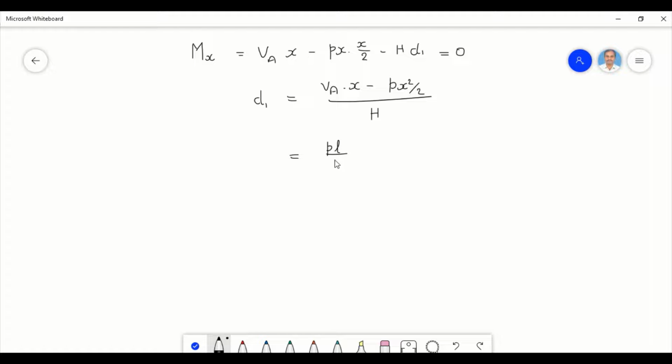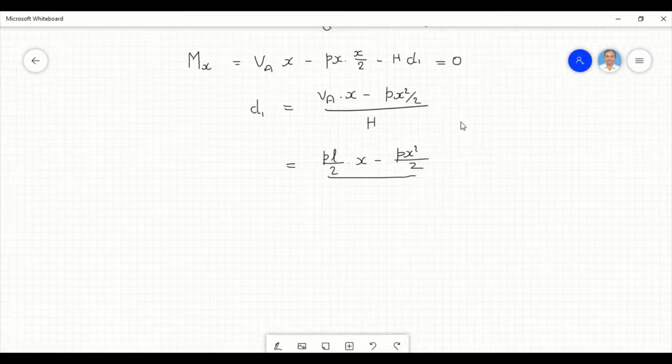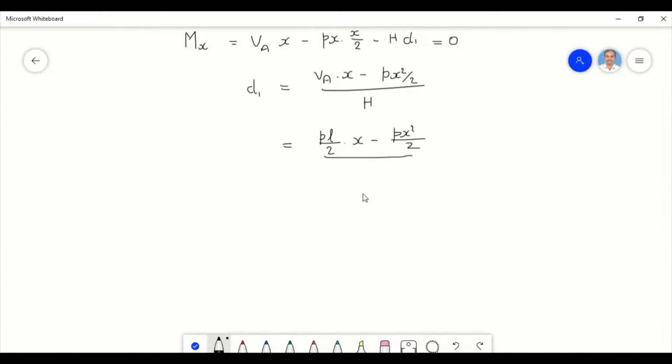So VA is PL divided by 2 multiplied by x minus px square divided by 2, the whole divided by the value of H, which is PL square by 8d. So this is PL square divided by 8d.